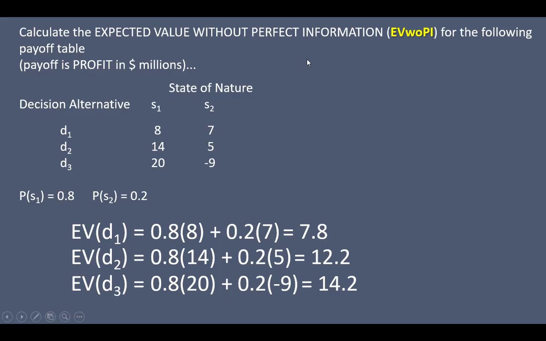Well, if I look at the values that we just calculated, expected values of 7.8 million, 12.2 million, and 14.2 million, the best of those is the 14.2. Therefore, my expected value without perfect information, or EVwoPI, would be considered to be $14,200,000.